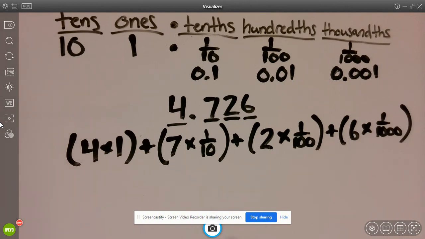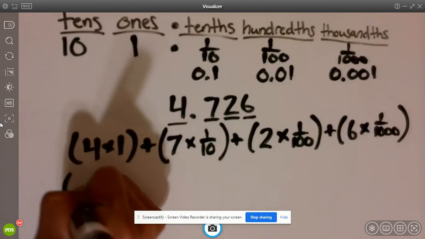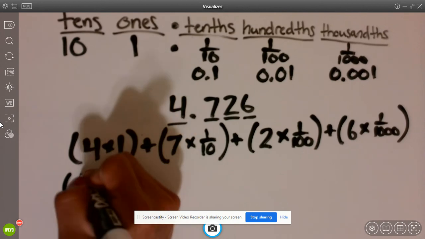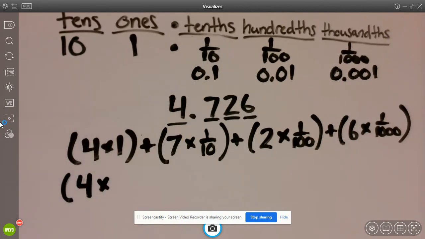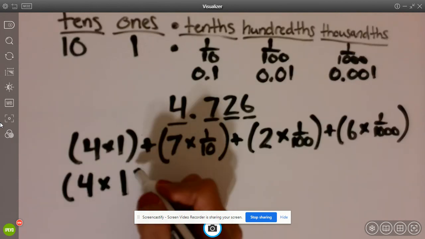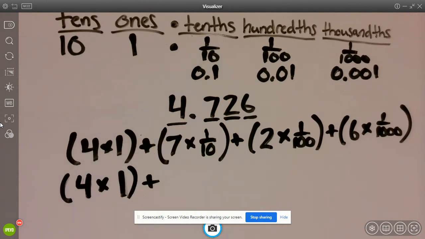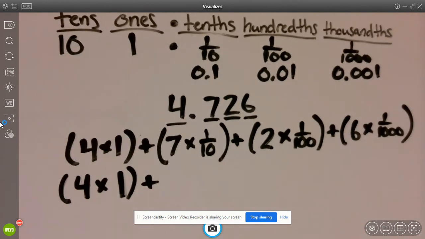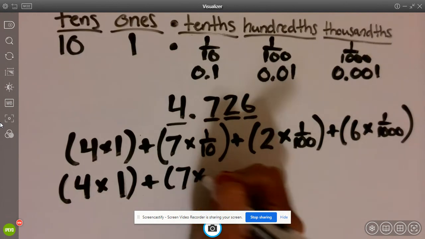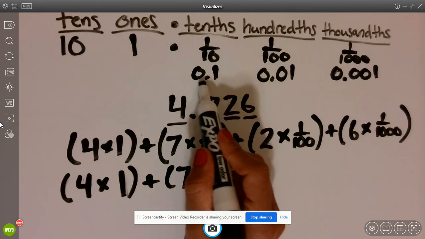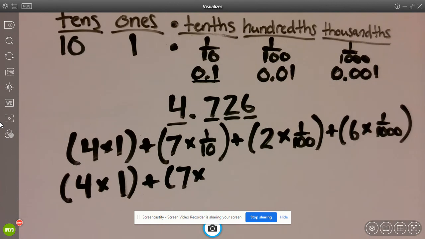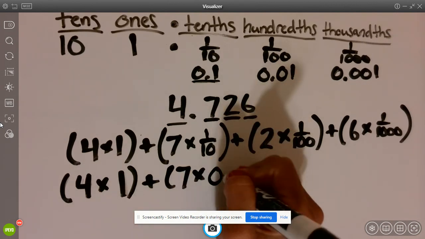Now, if I were going to write the same number using decimals, I would start with my first number 4 times 1 because the 4 is in the ones place. That stays the same. Now my 7, which is after my decimal, I'm going to write it as 7 times 0 and 1/10.